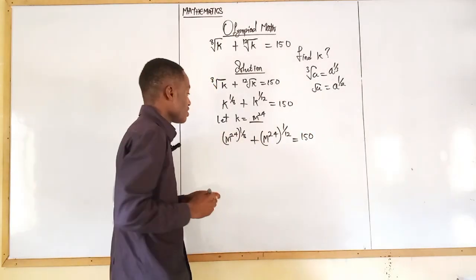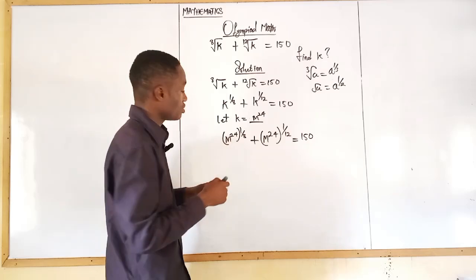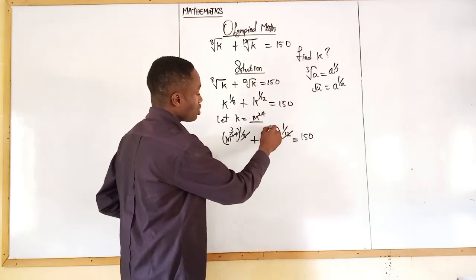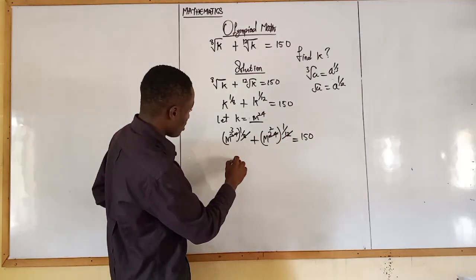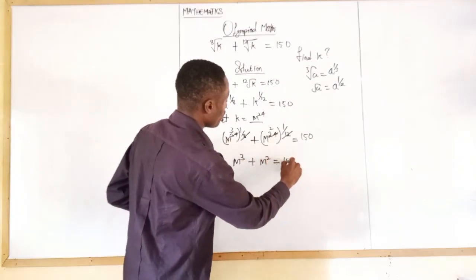You're getting it, right? So you come down, you can see that 8 can cancel 24, because it's the LCM, it must cancel. So I'm going to have 8 into this 3 times, 12 into this 2 times, and I'll have m to the power of 3 plus m squared equals 150.